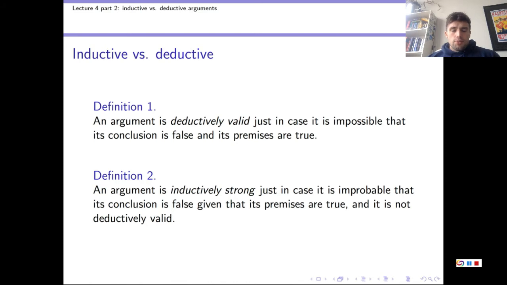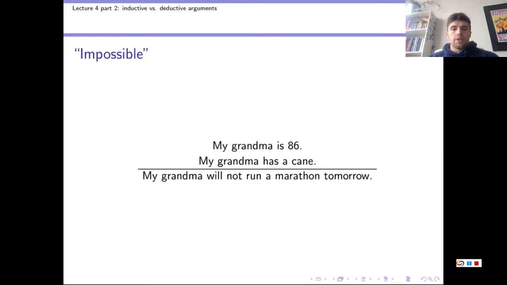Now, the first of these terms appears in definition 1 of deductive validity. The term we're interested in there is impossible. So what do we mean for something to be impossible here? There are two ways of understanding impossibility here, and while one of those ways is important for us, the other is not. So here's an argument as an example. It says, my grandma is 86, my grandma has a cane, therefore my grandma will not run a marathon tomorrow.